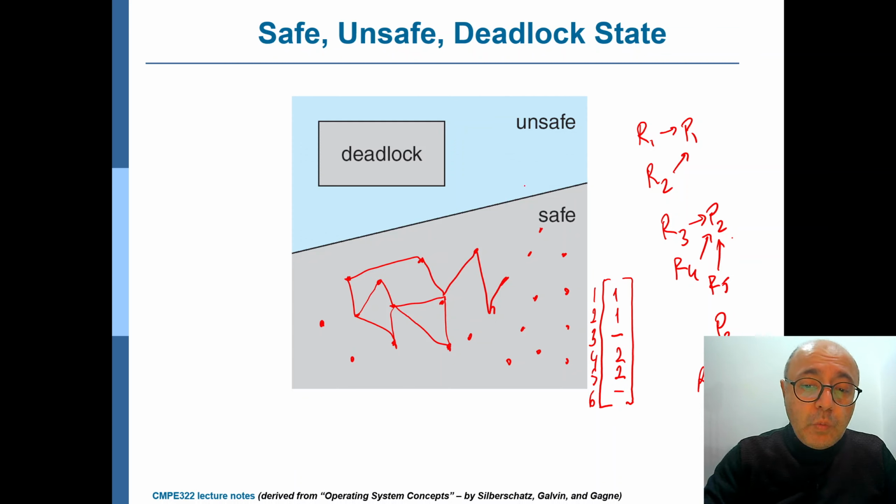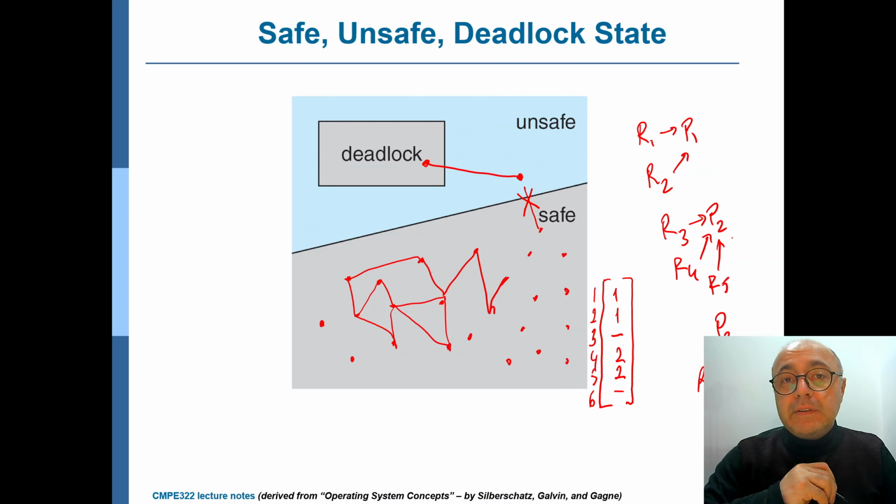If one change in this state set will cause you to switch to a state in the unsafe region, although it's not among the set of deadlock states, don't do this. Because if you do that, later that might take you to a deadlock state.